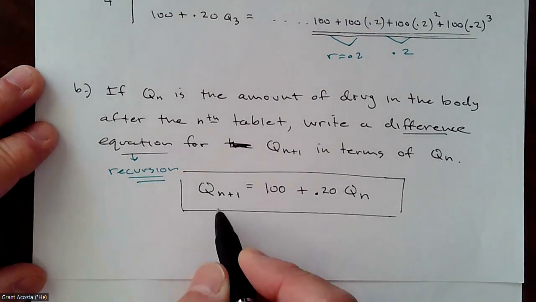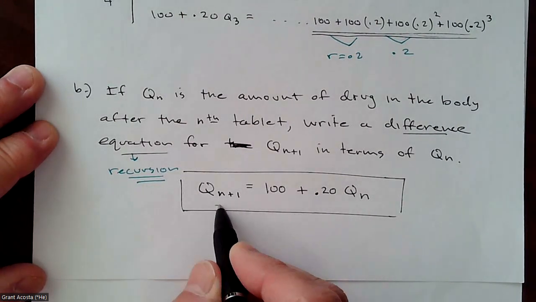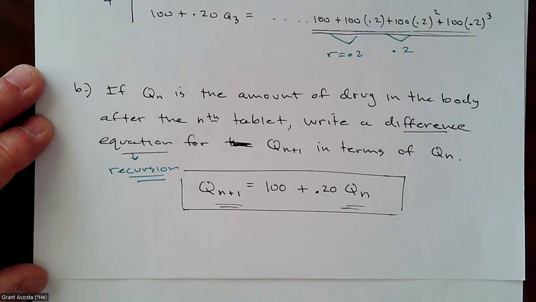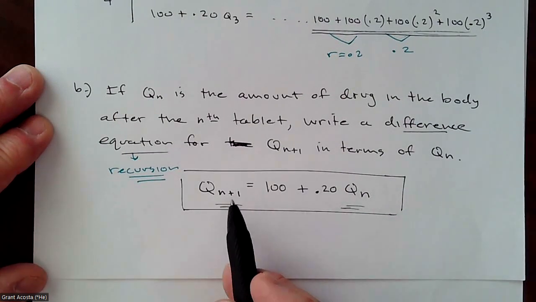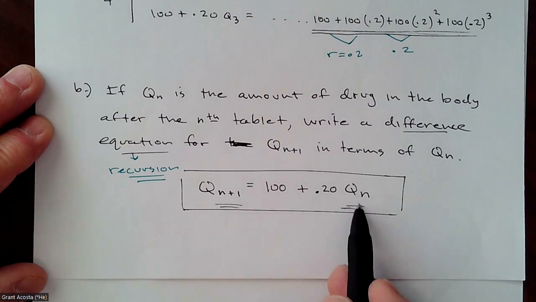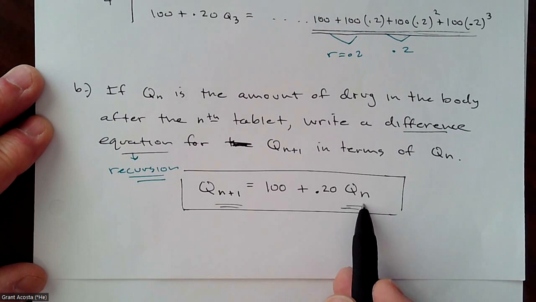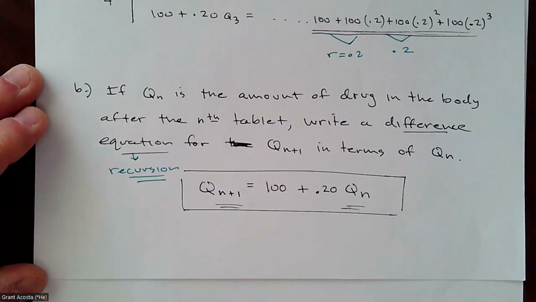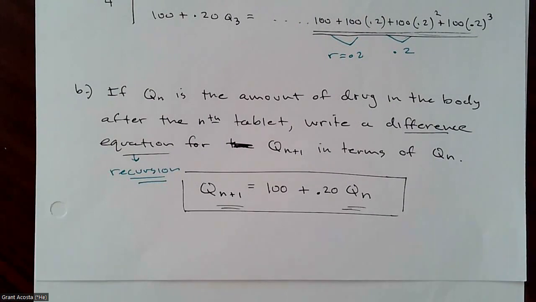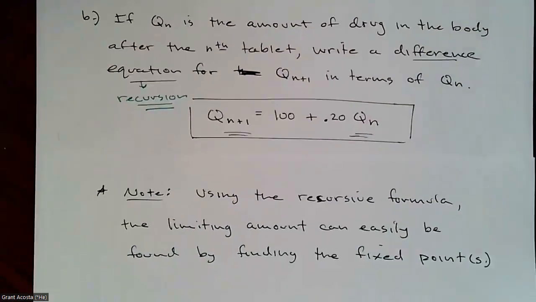And in class, we've talked about if this is a recursive sequence and you want to find the limiting value, we find the fixed points. And if you recall, the fixed points is when you set both q sub n plus 1 and q sub n equal to each other. And I usually like to call that L. So just going to make a note here.